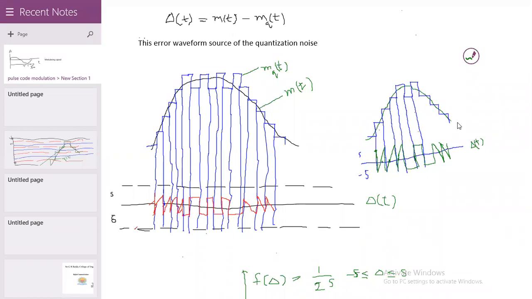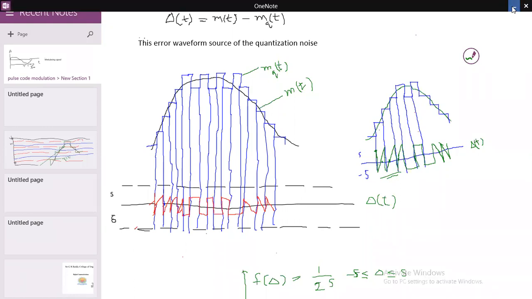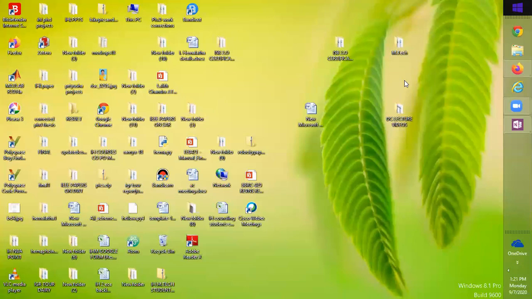So according to this, m of t minus mq of t, the error signal is drawn. Similarly here also the red colored signal indicates the error signal. Everybody draw according to this one. You have to take one signal and draw the step signal, and then we can draw the error signal.